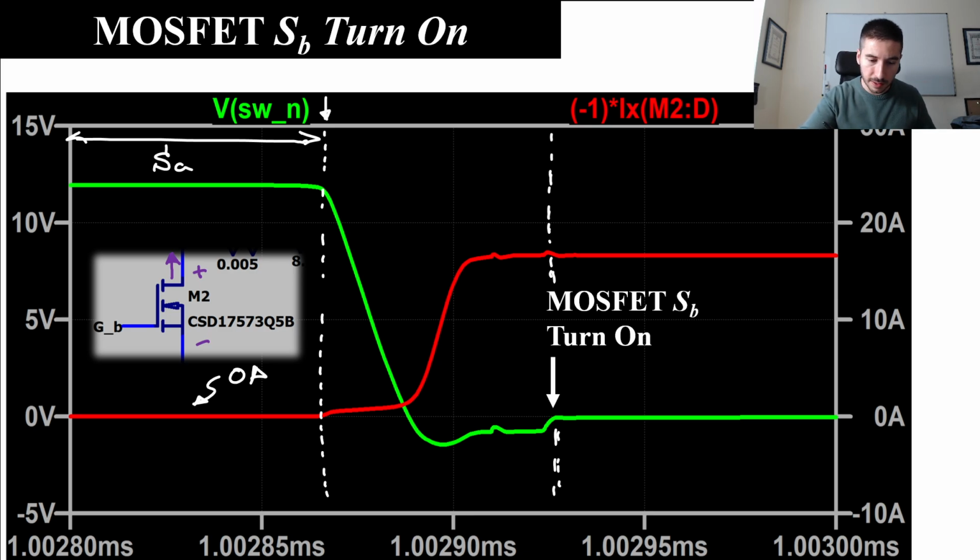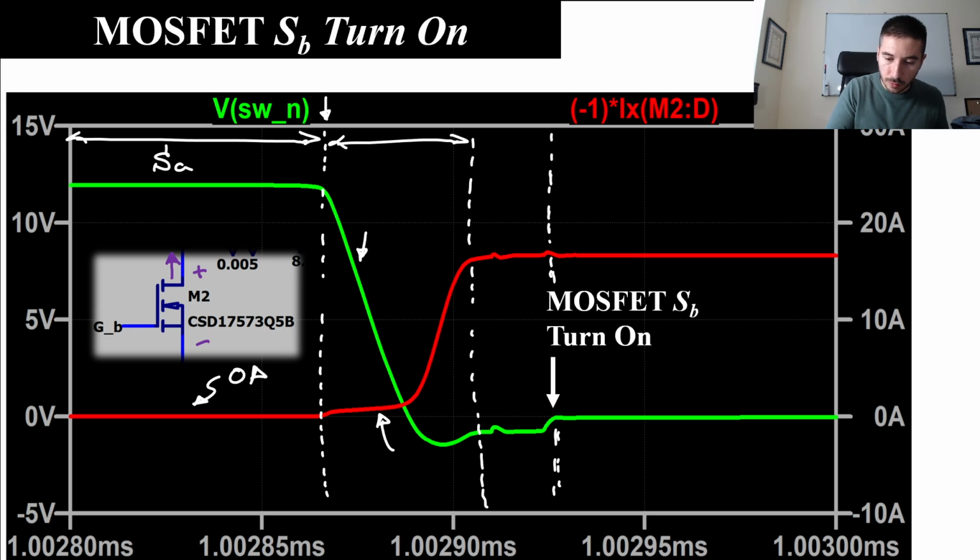As you can see, the voltage across MOSFET SV falls, the current through the switch rises, but we didn't turn on the MOSFET. So this current is driven by the body diode. So let's put here that in this interval, what we have is the switching transition from MOSFET SA to the body diode of SV.